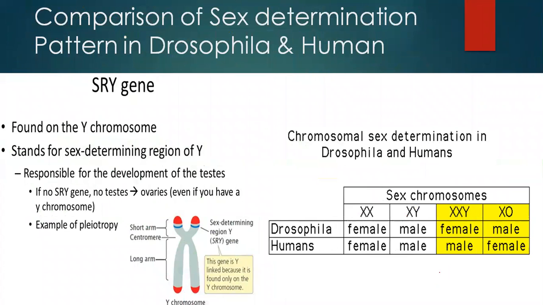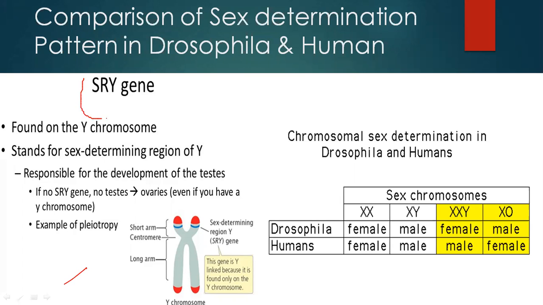So up to here, we have seen sex determination according to the chromosomal or genetic view, but there are some differences between the pattern in Drosophila and human, because both are having almost the same sex determination, XX for female and XY for male. But here is one very, very important difference.